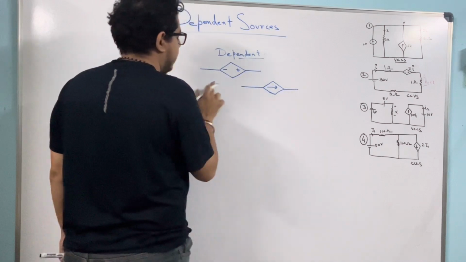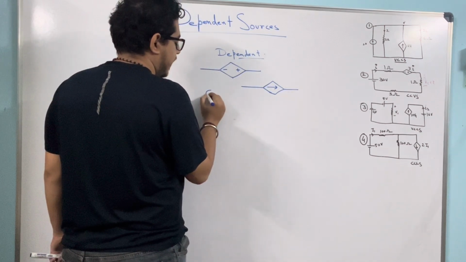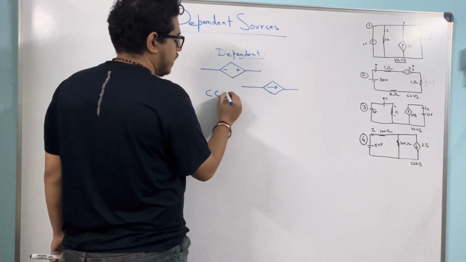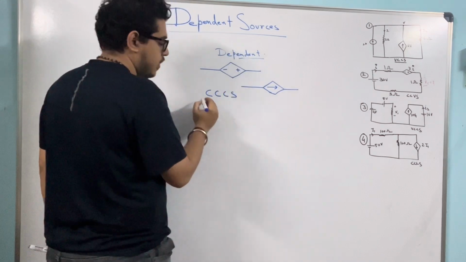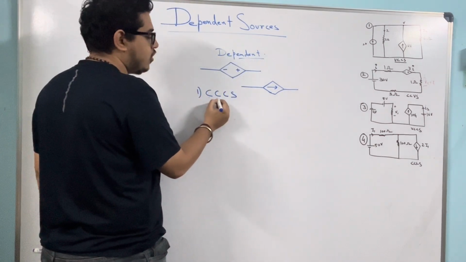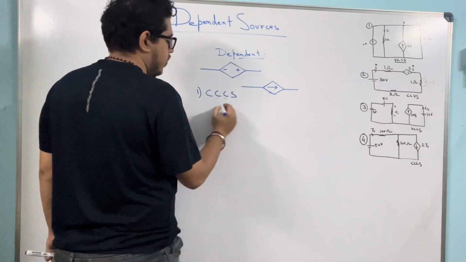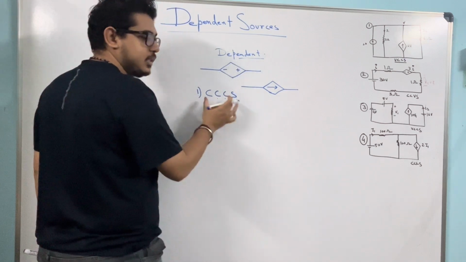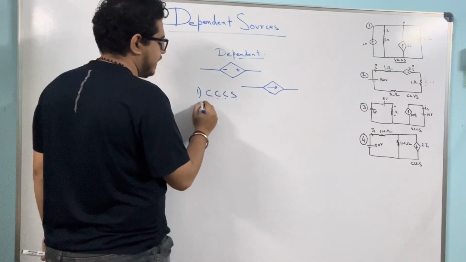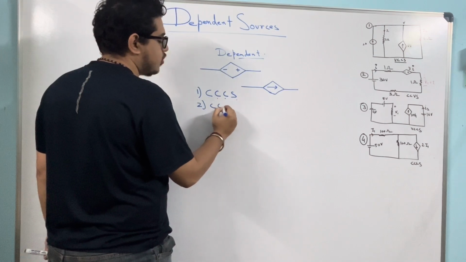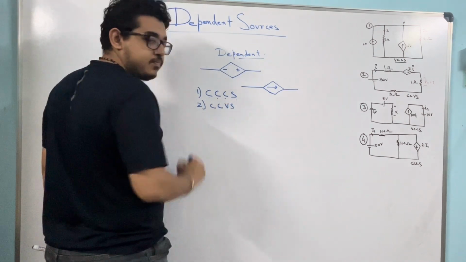So the 4 cases are current controlled current source. Okay, you can exhibit, I am just writing the short form. The second case is current controlled voltage source.